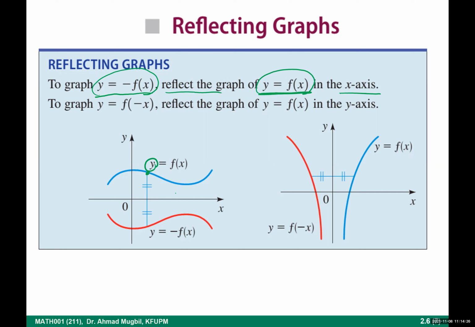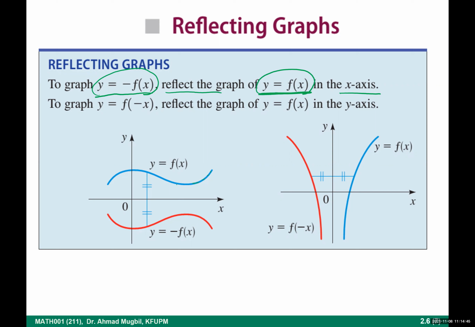When you are above the x-axis, let's say y is positive, if you replace y by negative y, you will be below the x-axis. When y is negative and you multiply by negative, it will be positive, and vice versa. So in fact, you will have the reflection of the graph.